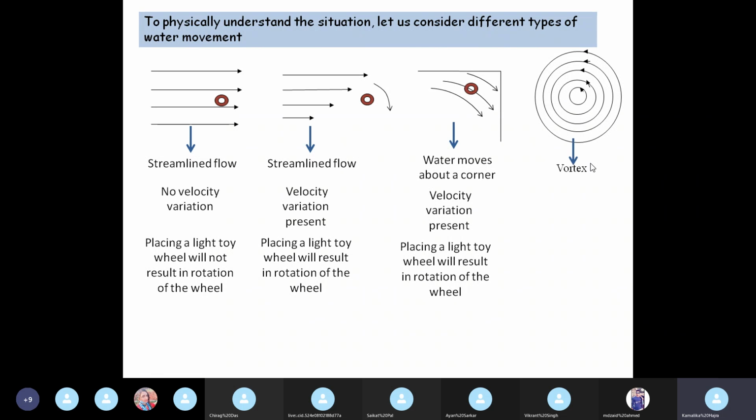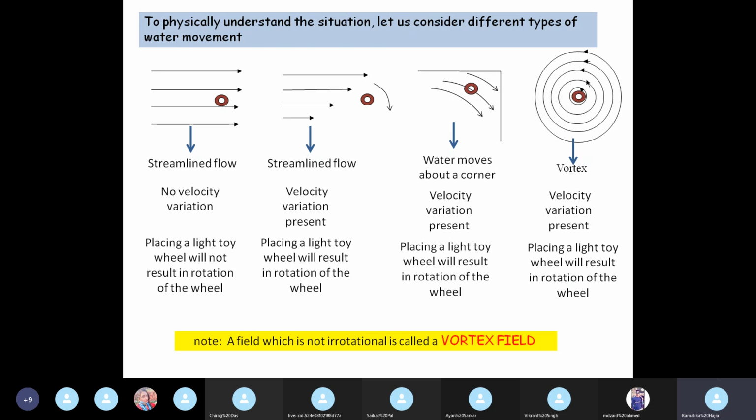So velocity variation is present, and if you place a plastic wheel, there will be rotation. What I am trying to say is that there will be rotational motion only when there is a velocity variation. So curl is related to rotational movement of bodies. A field which is not irrotational, that is, which is rotational, is called a vortex field.